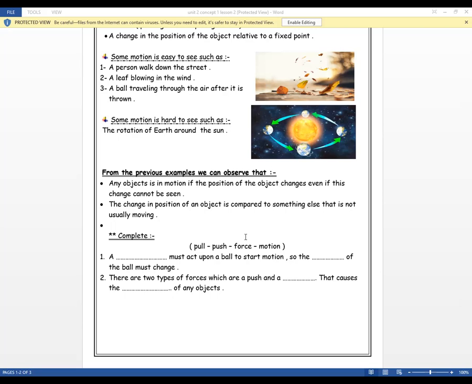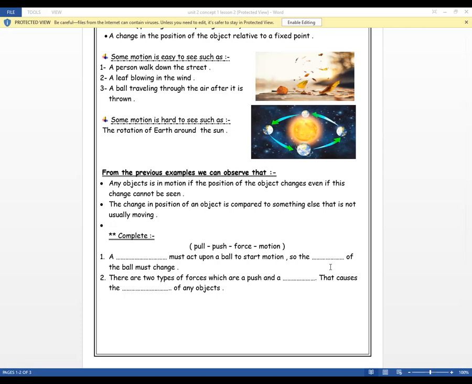So the position of the pole must change.